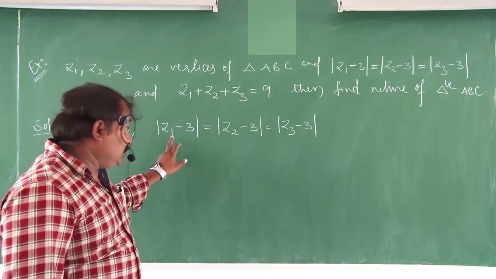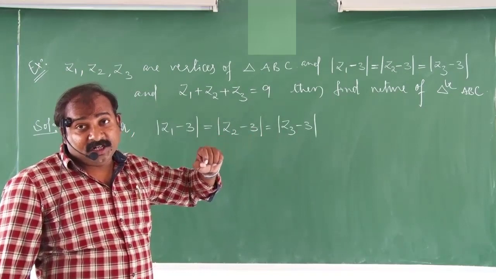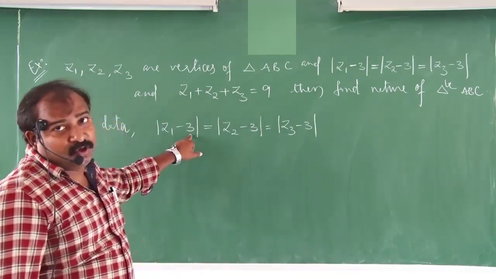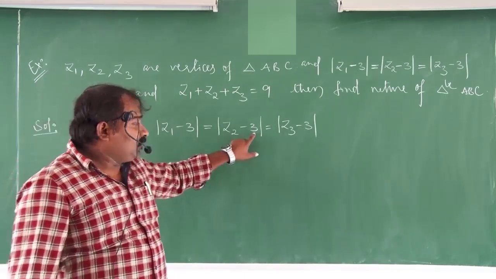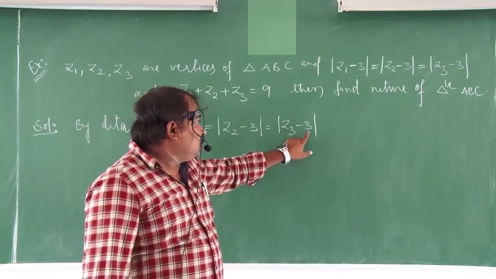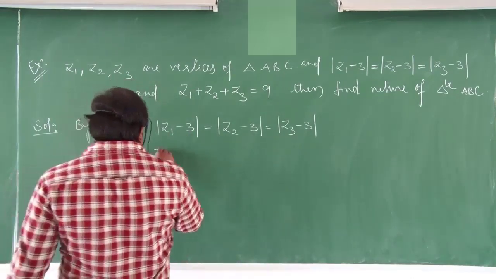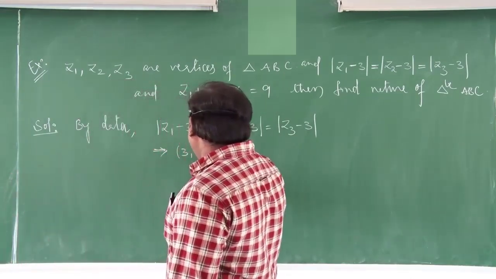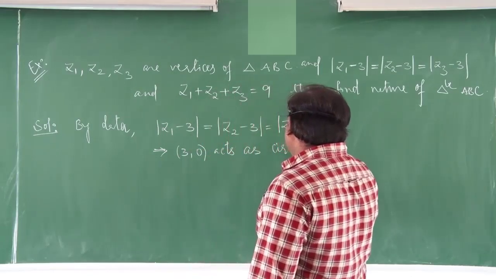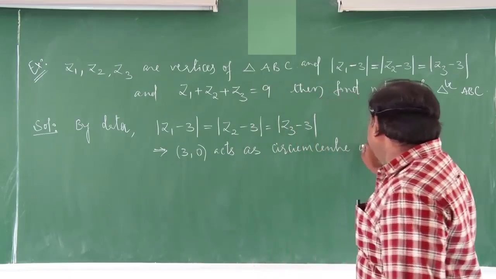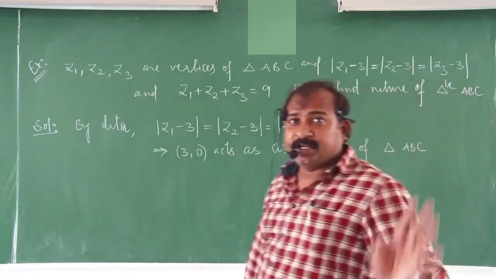Z1, Z2, Z3 are equidistant from the point (3, 0). The distance from (3, 0) to Z1, to Z2, and to Z3 are equal. So that implies (3, 0) acts as the circumcenter of triangle ABC. This is okay. First point you got it.